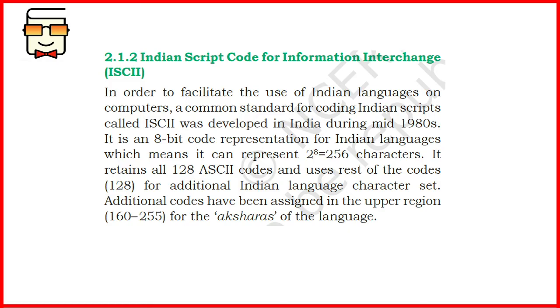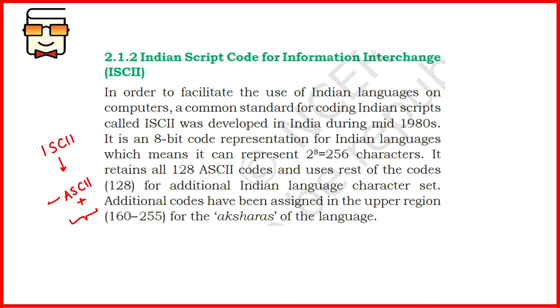So basically, a new code known as the Indian Script Code for Information Interchange, also known as ISCII, was developed such that ISCII not only consisted of all the codes that were present in the ASCII code, but apart from this, it also consisted of some unique codes that represented the symbols or the akshars of the Indian languages.